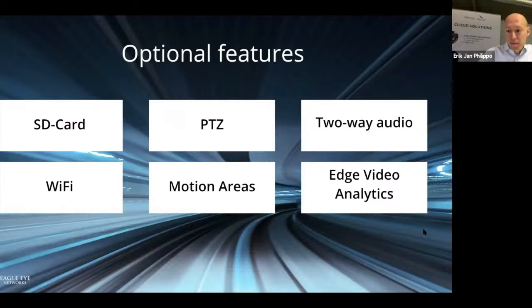The camera specification also allows for edge video analytics, and this is where the safety and security cameras come in, and the new platform that they are developing, because we believe that the edge has a lot of strengths for doing video analytics.